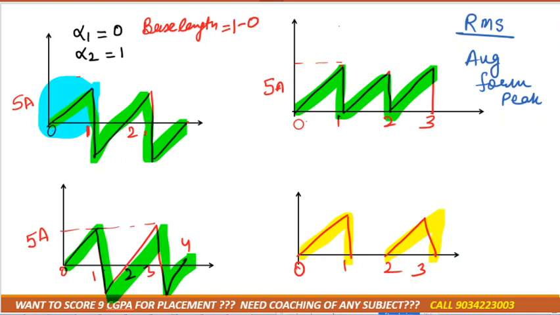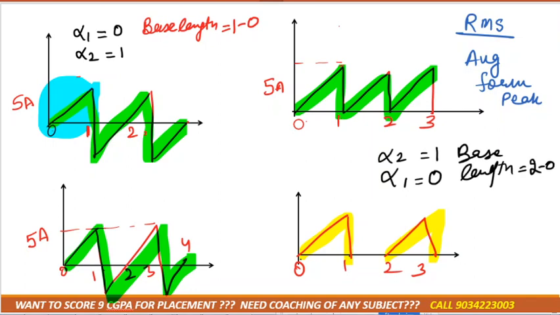But again, as I said, in the asymmetry waveform it would be different. Here, alpha 1 starts from 0, so we take it as 0. Alpha 2 ends at 1, so it will be 1. Now what is the base length? In this case, the base length is equal to 2 minus 0. Why 2 minus 0? Because it is asymmetrical, so we take the output of the complete waveform, half positive and half negative.